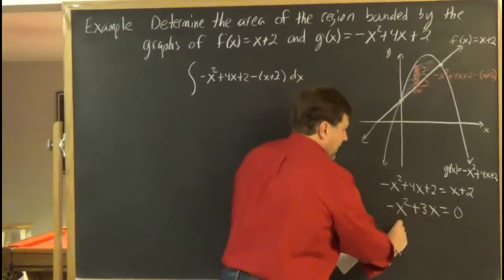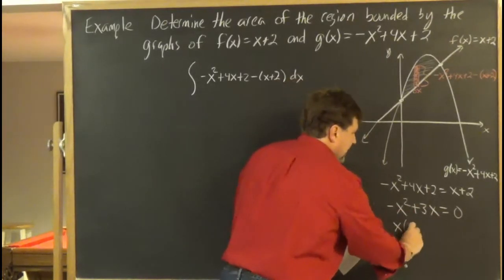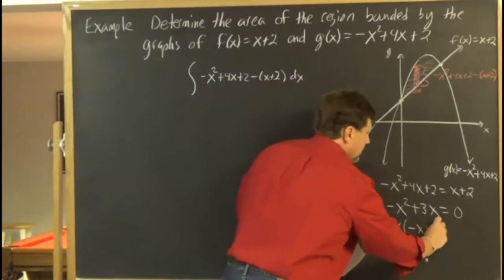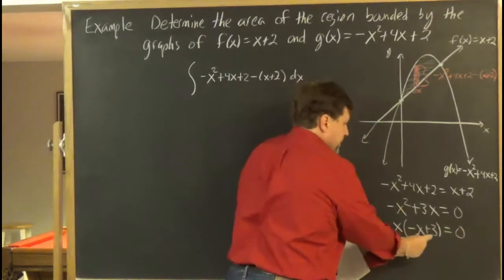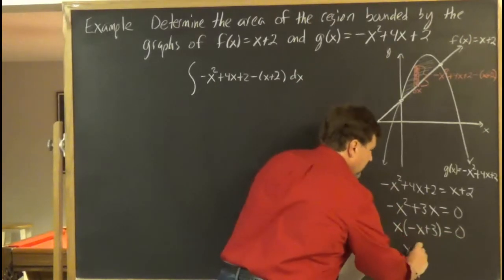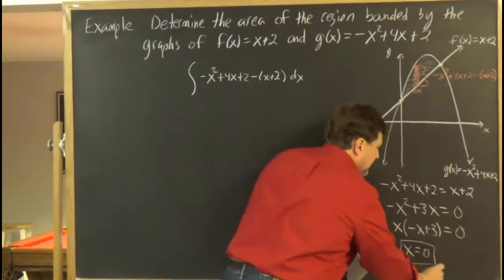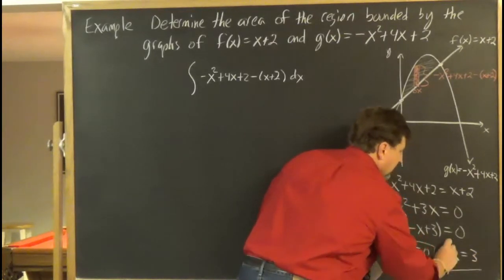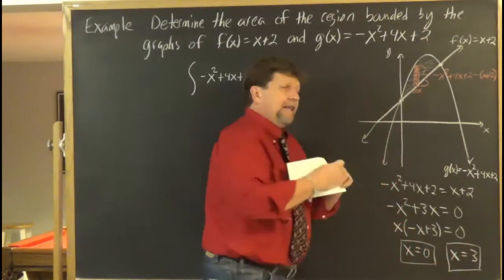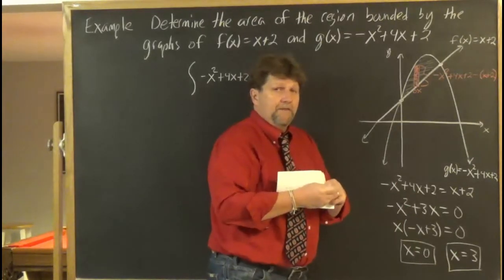I can factor out an x on the left side of the equation, and then I can use the zero product property to set each of these factors equal to 0, and I get x is 0 or x is 3.